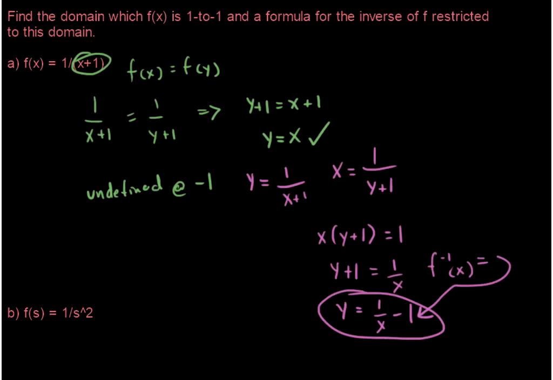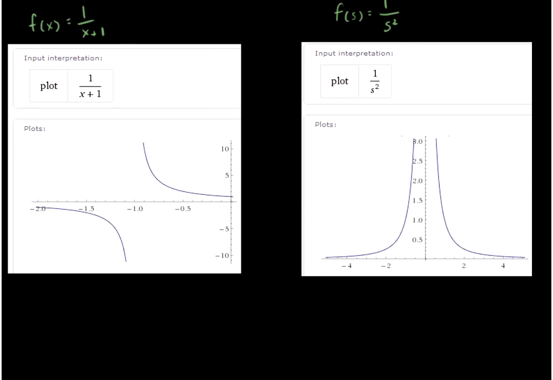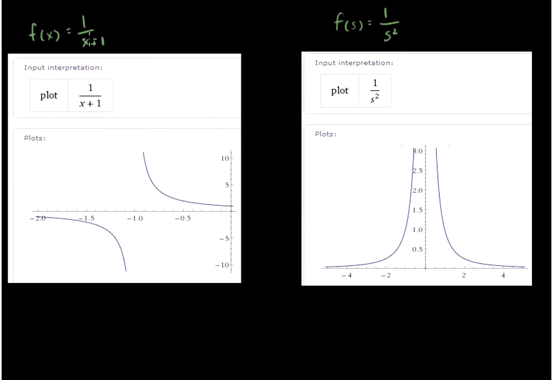Okay, that's how you would do it algebraically. Let me show you a graphical representation of this. So here's f of x equals 1 over x plus 1. You have the horizontal line test. You know how you have a vertical line test to prove whether or not it's a function, you can use the horizontal line test to test for one-to-one.